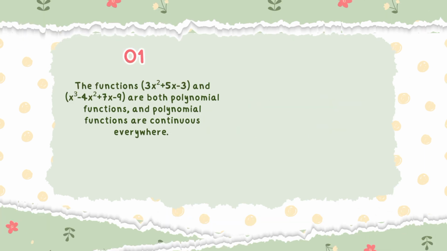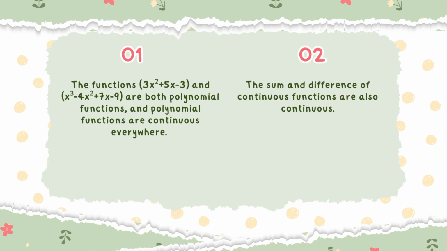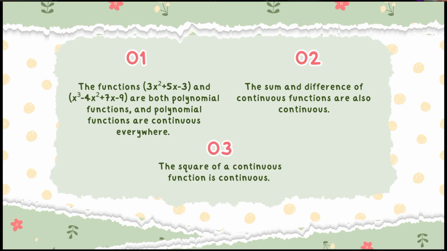The example functions I gave are both polynomial functions, and as I said earlier, polynomial functions are continuous everywhere. Number 2, the sum and difference of continuous functions are also continuous. And lastly, the square of a continuous function is continuous.